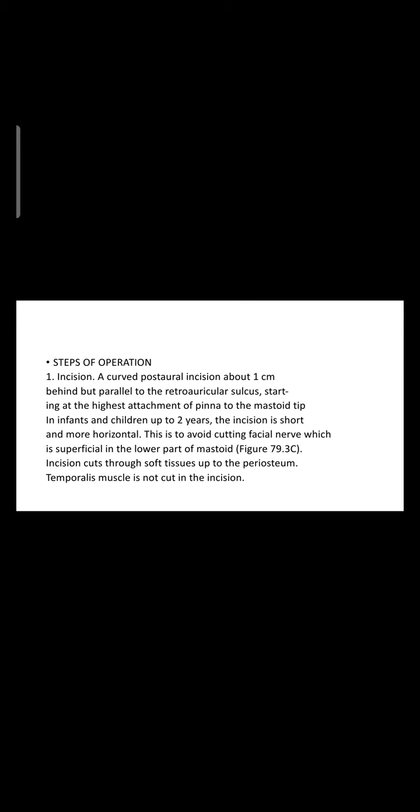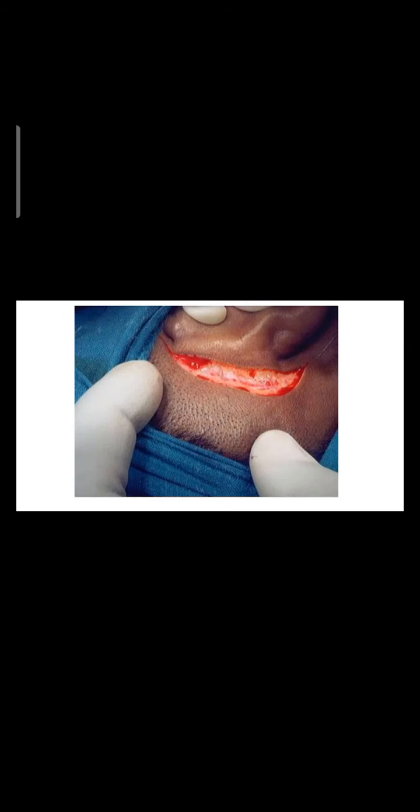Now, this is to avoid cutting the facial nerve, which is more superficial in the lower part of the mastoid. The incision cuts through the soft tissues up to the periosteum. Temporalis muscle is not cut in the incision. This is the postaural incision of Wilde, a few millimeters behind the postaural sulcus.